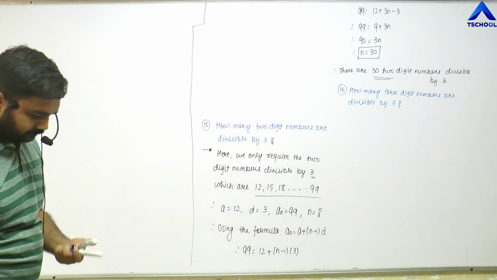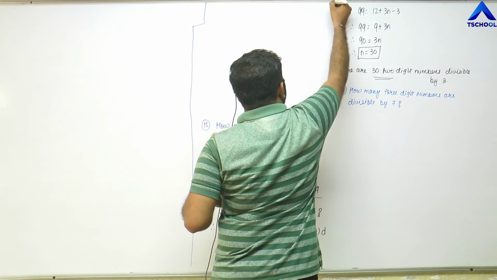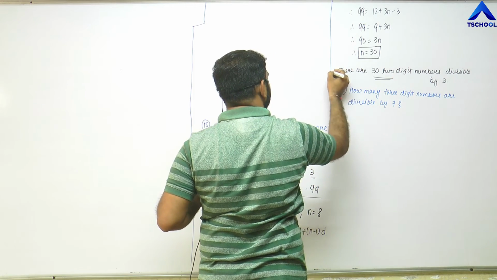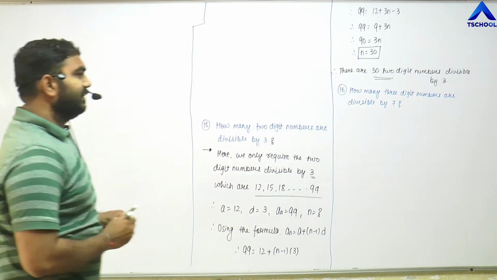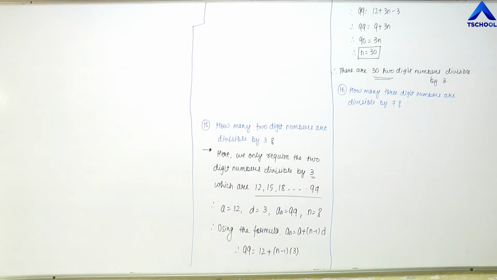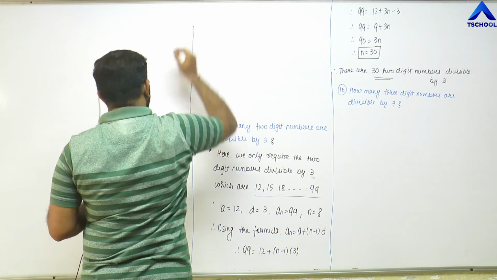Now, how many three-digit numbers are divisible by 7? First of all, we must have the list of these three-digit numbers that are available to us, right?